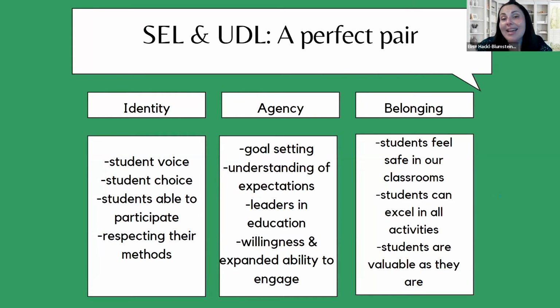I understand that I might have to provide visuals for you, so I'm going to do so. I understand that you might not understand what I'm saying, so let's try again. There's no exact right way to do it, but as we're trying to integrate multiple means of representation, engagement, and action and expression, we're hitting identity, agency, and belonging. They really are a perfect pair.